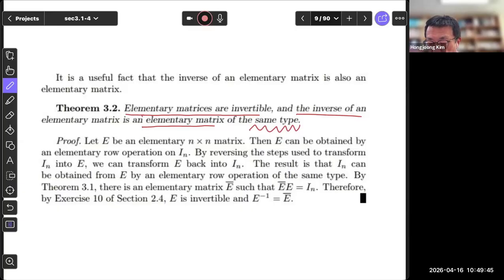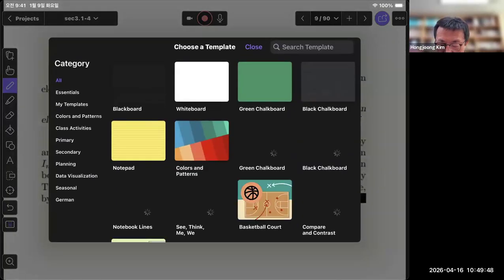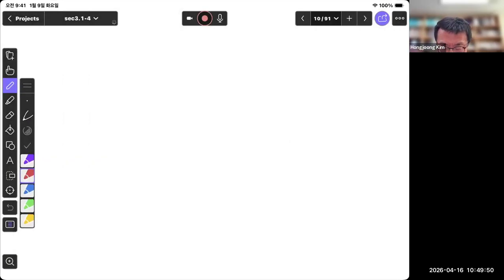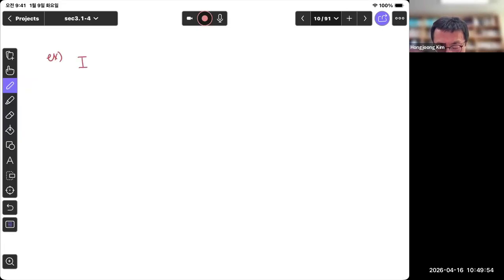Please note that in the previous example, given the identity matrix, if I consider the type 1 elementary row operation to get E, which is 0, 1, 0, 1, 0, 0, 0, 0, 1, then multiplication by E will interchange the first two rows, right?